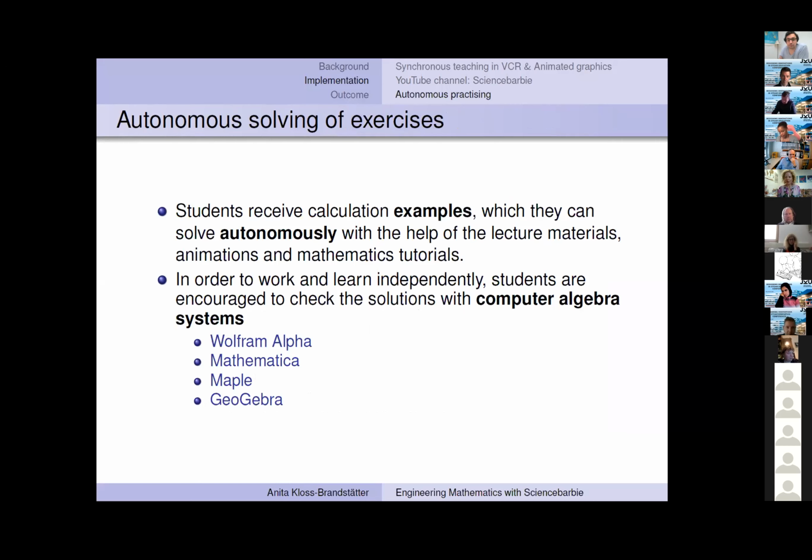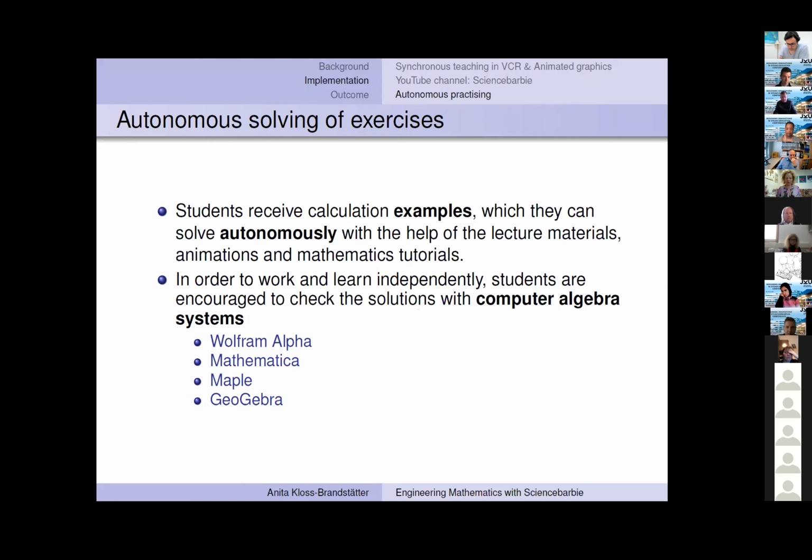Another cornerstone is the autonomous solving of exercises. The students get exercises which they can solve autonomously with the help of the lecture materials, the animations, and the mathematics tutorials. In addition, in order to work and learn independently, the students are encouraged to check the solutions with diverse computer algebra systems.